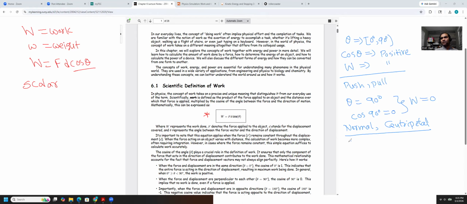And then the last one, if theta is in between 90 degree and 180 degree, cosine theta as well as work done is negative. Example, kinetic friction.